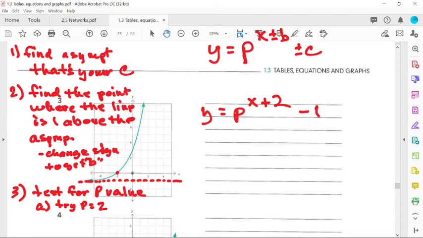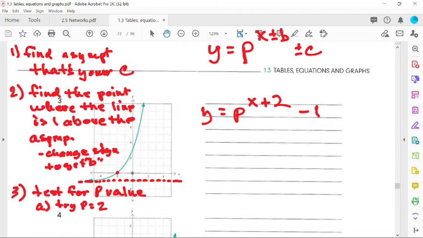Always try p equals 2. 99% of the time it's going to be 2. Occasionally they may slip in a 3 on you, but very rare. Because what happens when you take 4 to the third power? 4 to the third power is 64. Can you graph 64 on there easily? Just see what happens. That's why they keep it as 2s and 3s.